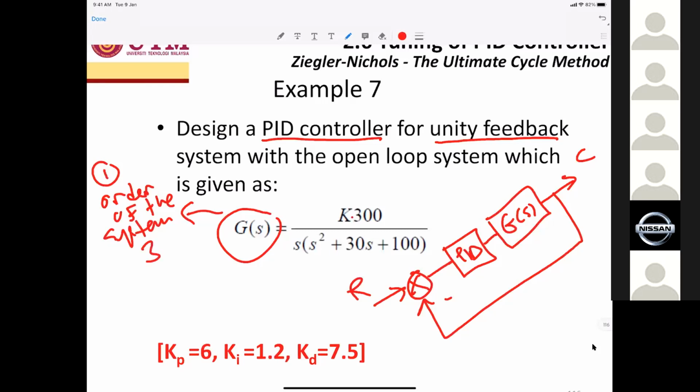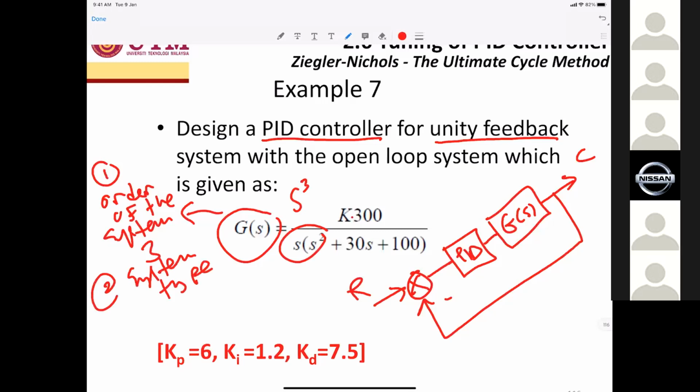Third order. Yes, multiply this one and you get S cubed. What is the system type? Type 1, because we have a pole at the origin. Okay, so this is the answer.